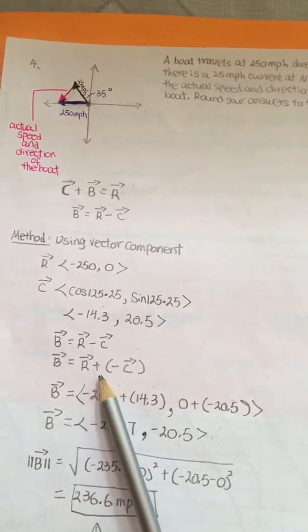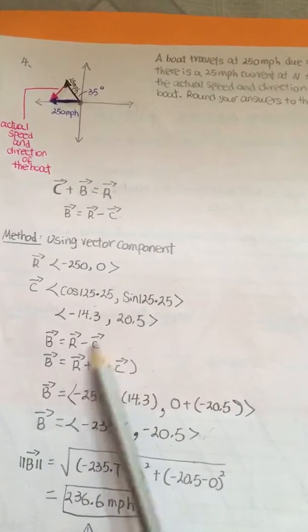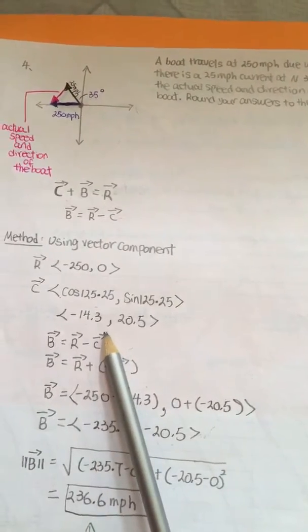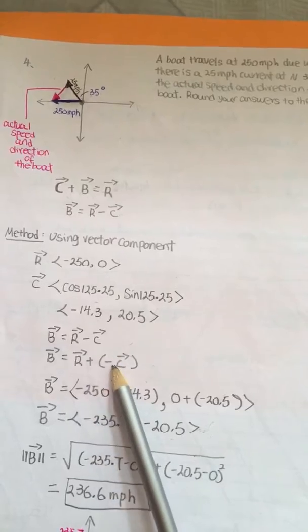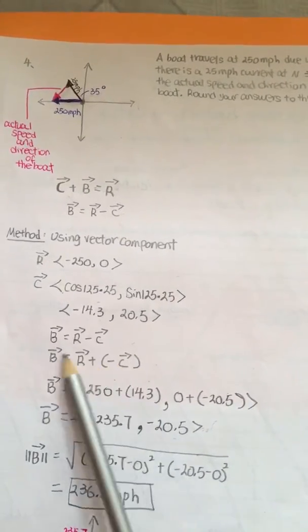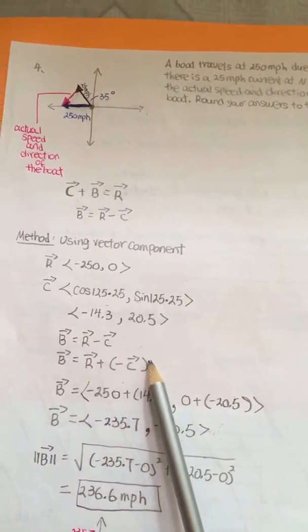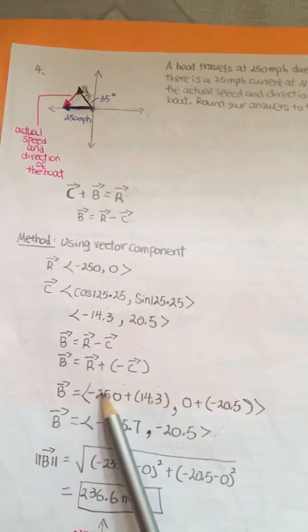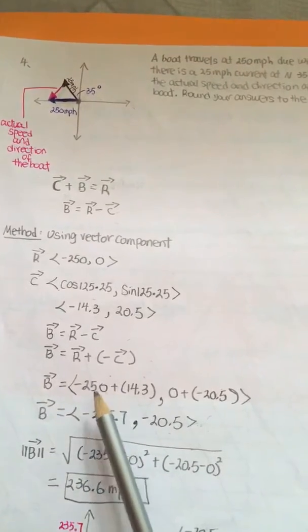And so over here, we know that if you want to subtract two vectors, it's basically kind of like how you would add two vectors, except you have to multiply the second vector by negative 1. So this is what's represented over here. And then I added the x components and the y components.